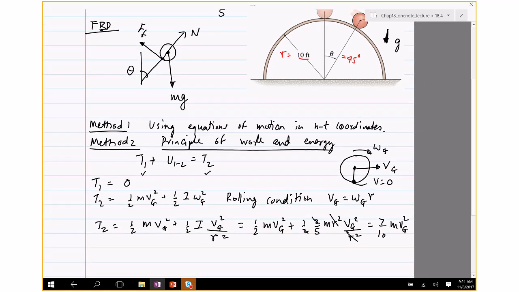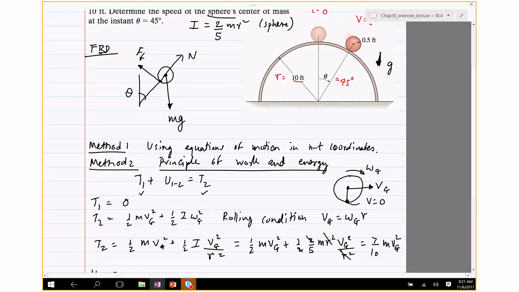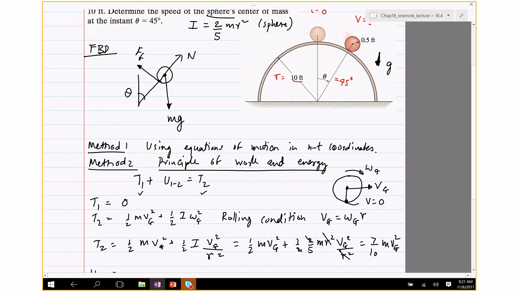Okay, so I got this term. I need to find U12. U12 is the work done by all the forces in the system. Fr does no work because the point in contact has zero speed. The normal force also acts at this point, so it does no work too, because the speed is zero.